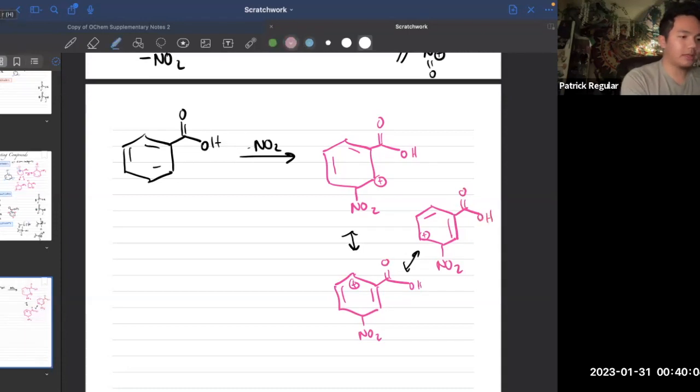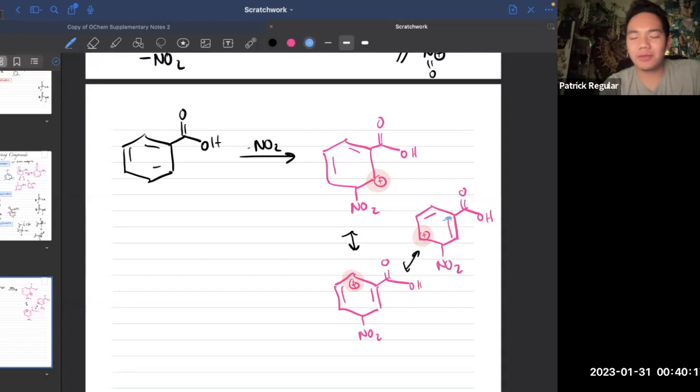Okay, these are all of the resonance structures that I can make. If you look at that, those positive charges, they're all on secondary carbons. They're nowhere near the direct carbons that are connected to that carbonyl carbon, because again, it's positively charged.